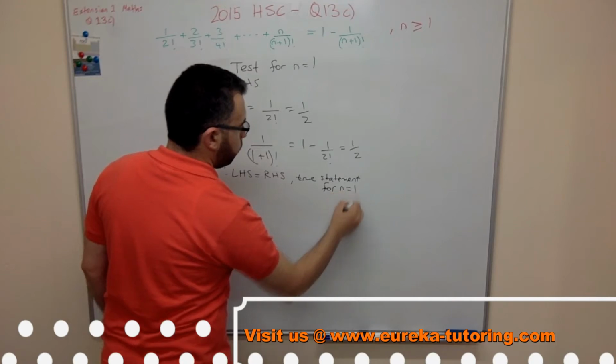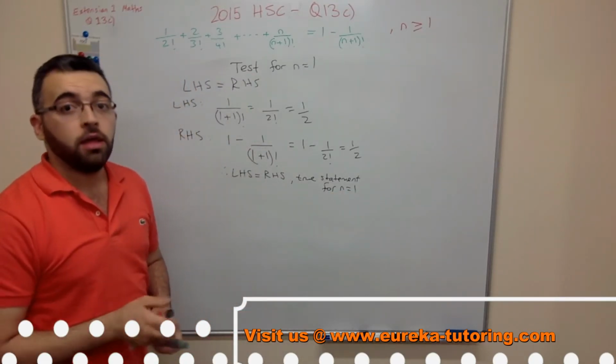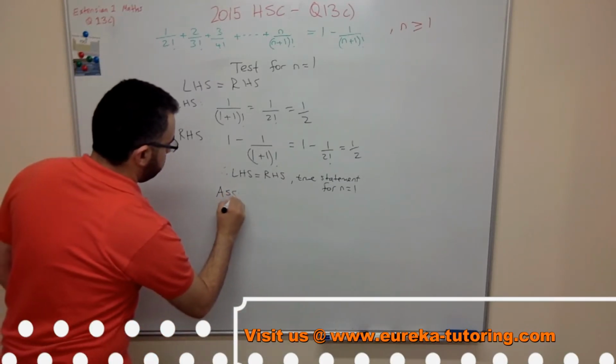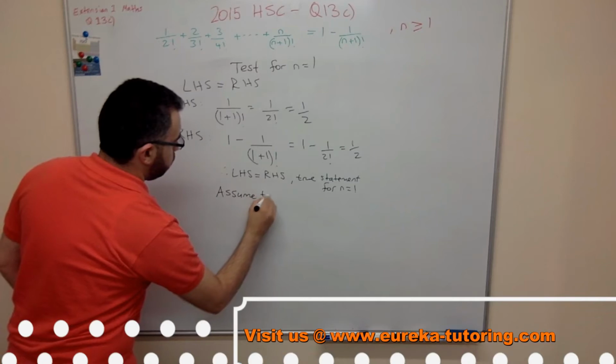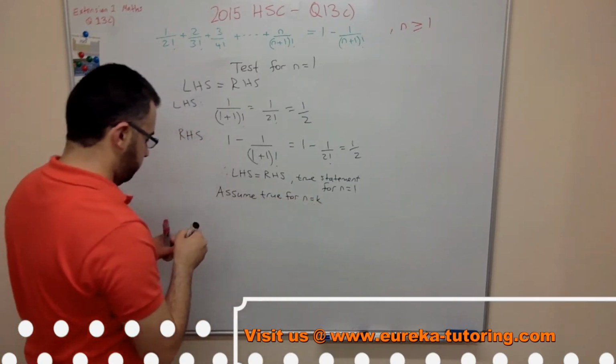True for n equals 1. Now the second step, we have to assume that n equals k. Assume true for n equals k.